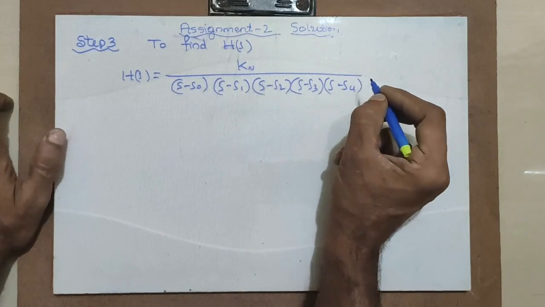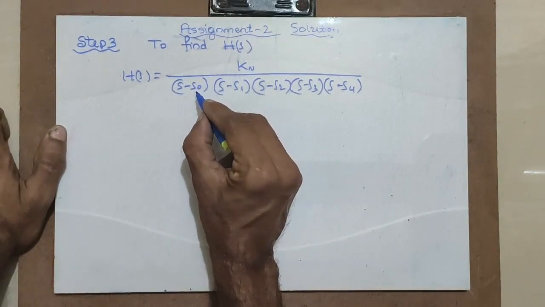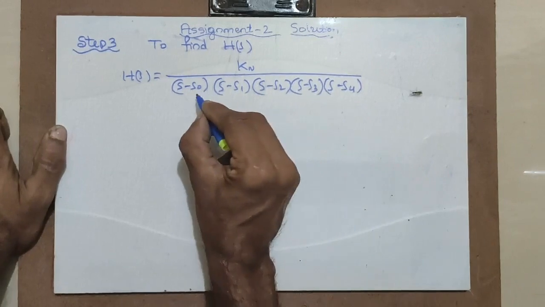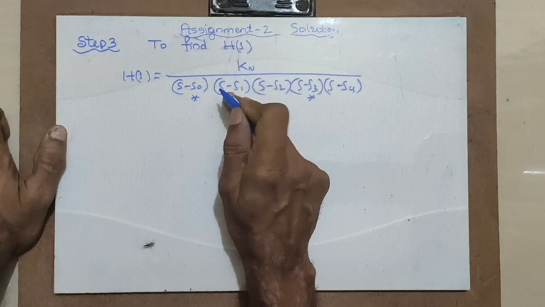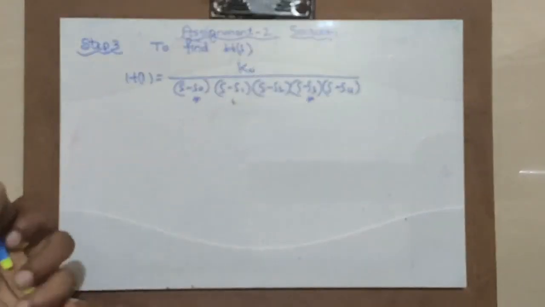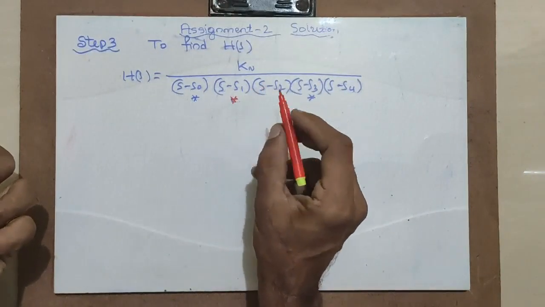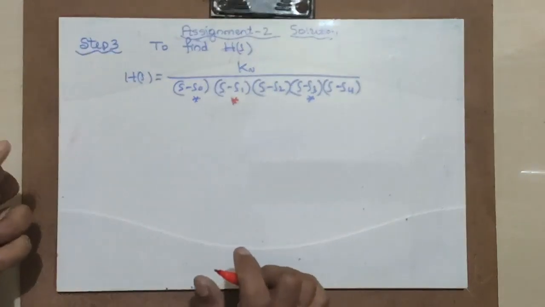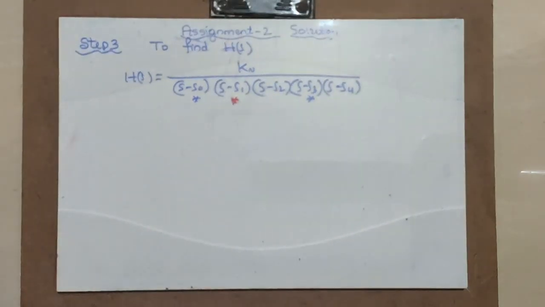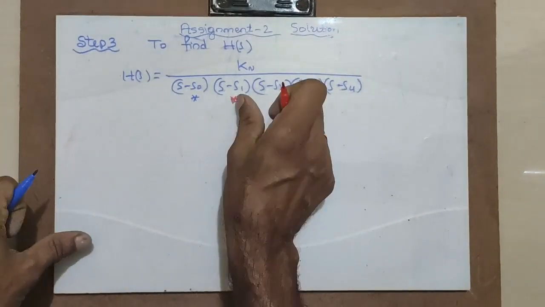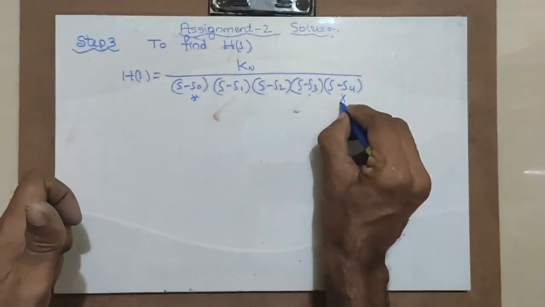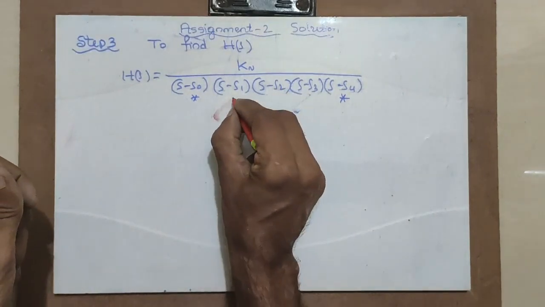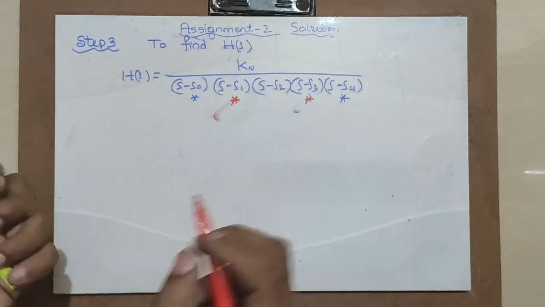Now, you know that S0 and S4 are complex conjugate, whereas S1 and S3 are complex conjugate pairs.